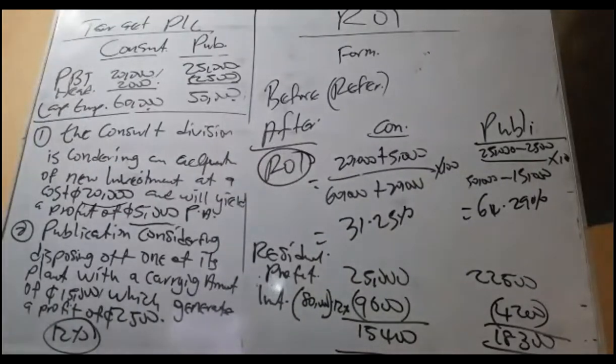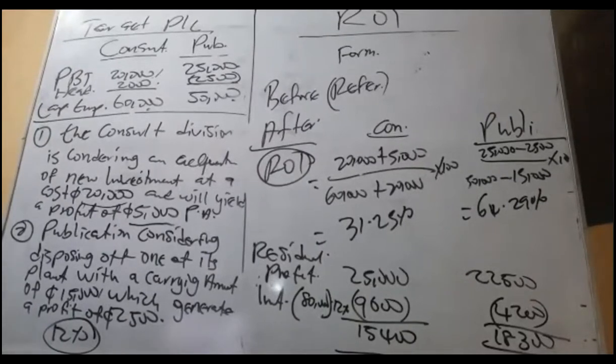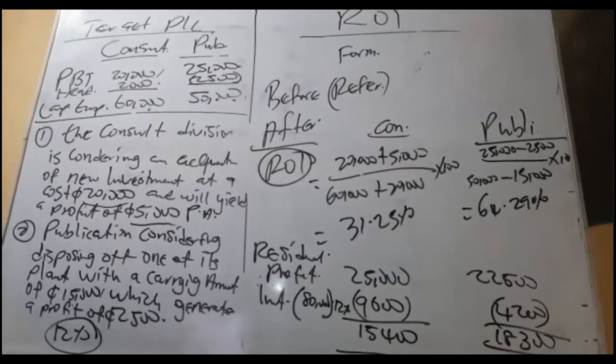Return on investment is the most common method because it's simple and it conforms with accounting profit. That's the advantage.